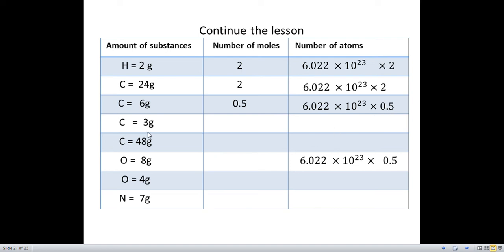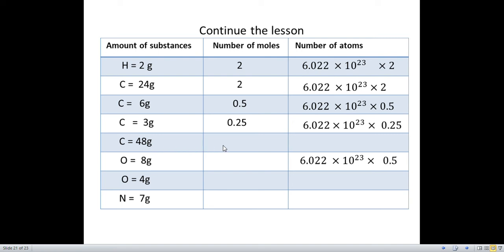If we take carbon 3 grams, what could be the answer here? Can you guess? 0.25. The answer is 6.022 × 10^23 multiplied by 0.25.